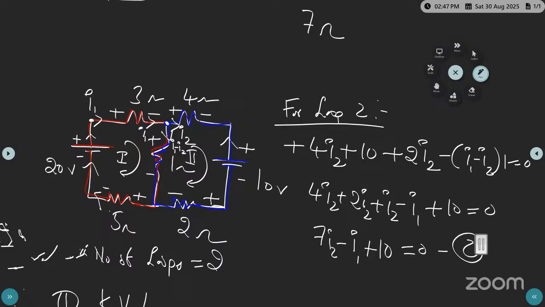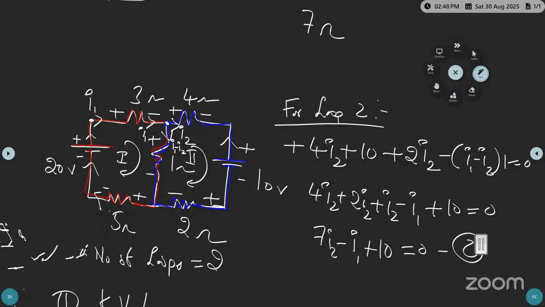Yes? This is the way of writing equations. Up to here, 90% of the problem is over. Writing equations is very, very important for solving any mesh analysis problem. Now, remaining is mathematics.